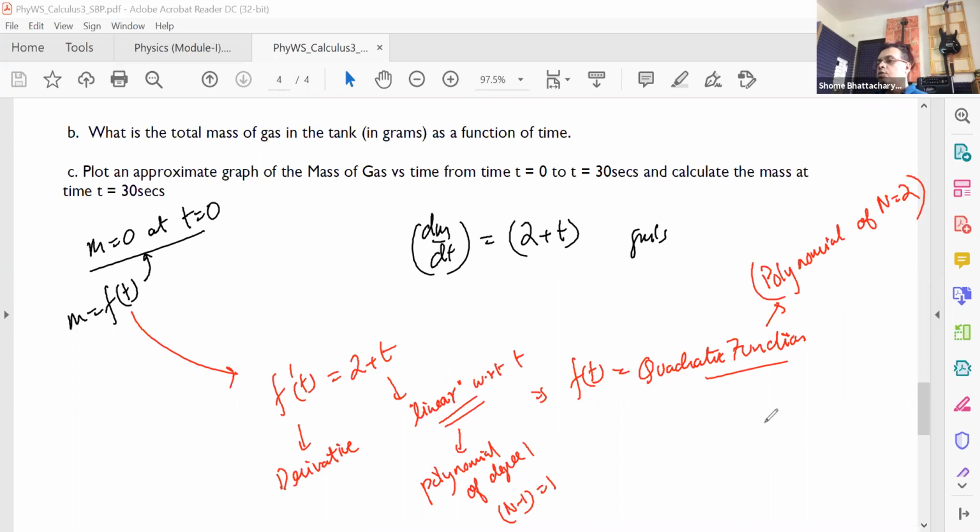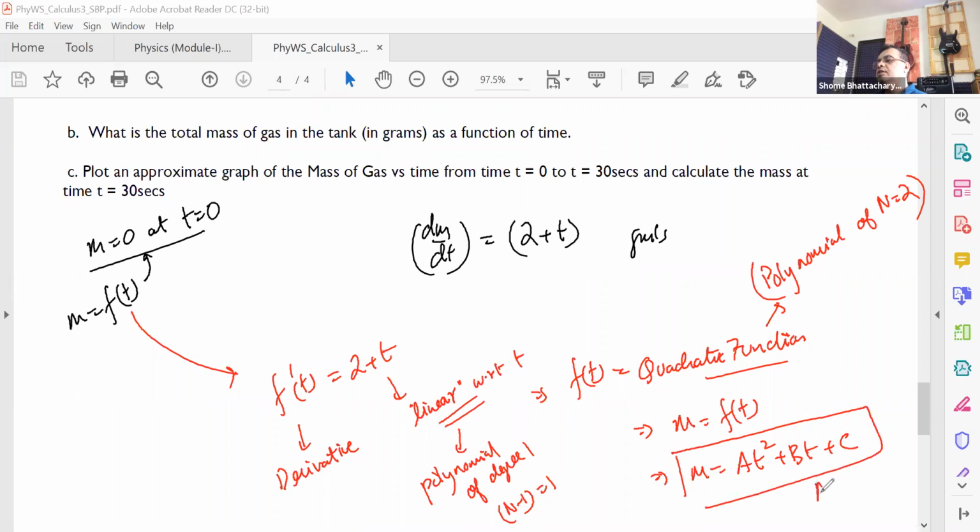Okay, so now what we'll do is we'll assume mass as a function of time is some at square plus some bt plus c. So all we have to do is find the values of a, b and c, which are 3 constants. To find them, we have 2 pieces of information.